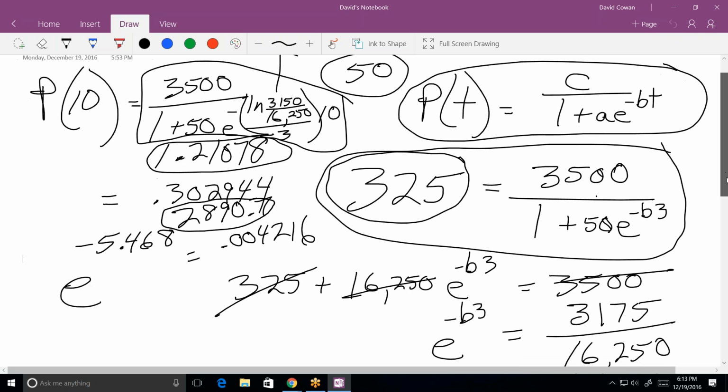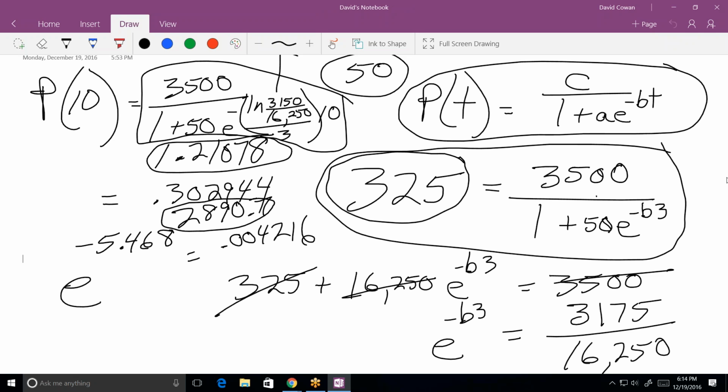And these problems, every single one we've done, you had to figure out what that constant was as step one. Whether it's called K or B, called B with a logistic function, with an exponential decay, it's called K. But the first step is always to solve for that.